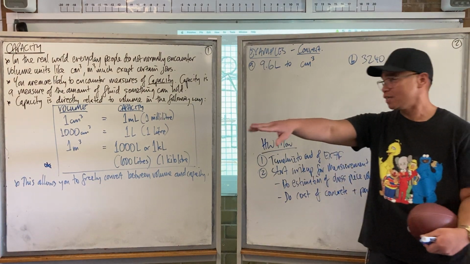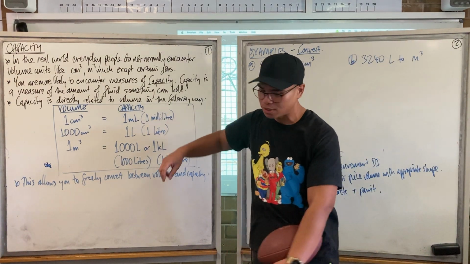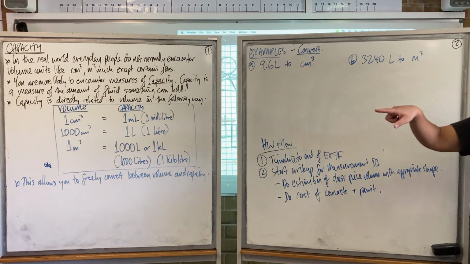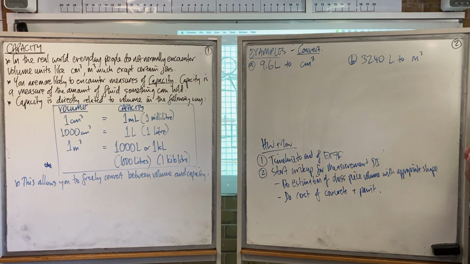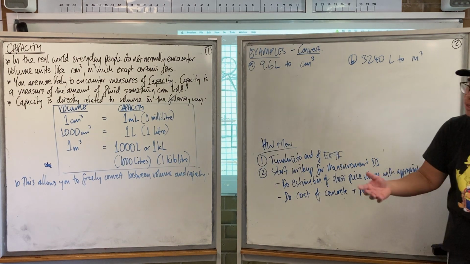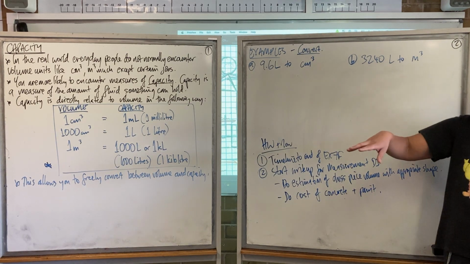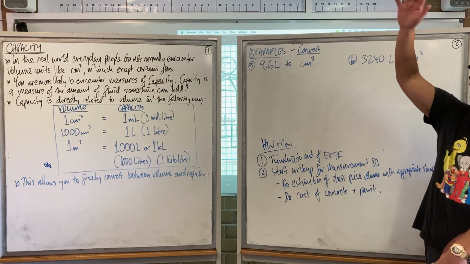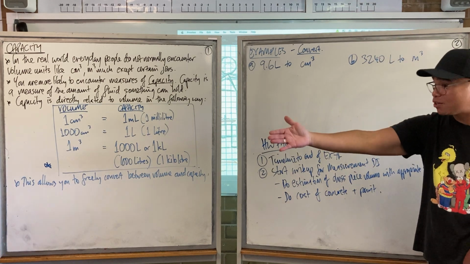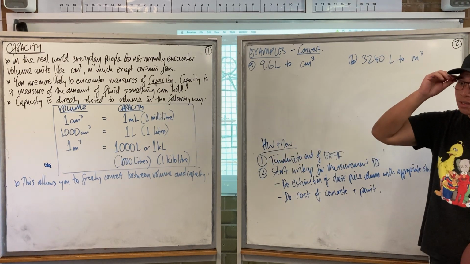Just to go over it quickly, all today's lesson was I taught you how to find the volume of stuff last lesson. Volume is measured in cubic centimeters, cubic meters, alright? But in your everyday life, you don't generally go around saying there's stuff in cubic centimeters. When you buy milk, is it in cubic centimeters or is it in liters? It's in liters.